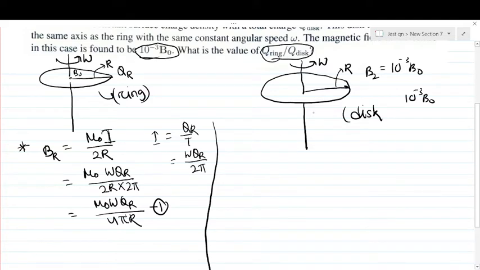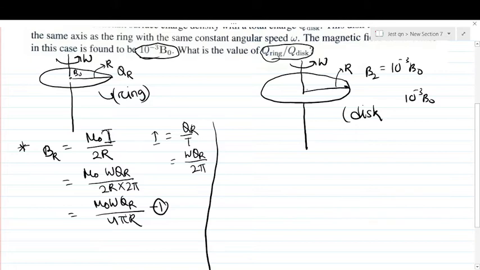Then let's go to the disc. Okay, here the disc. So this disc is a continuous charge distribution. It is a continuous object, so the charge distribution is different at different points, and this is rotating.